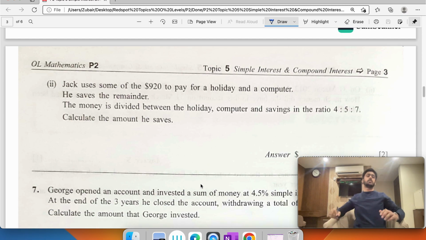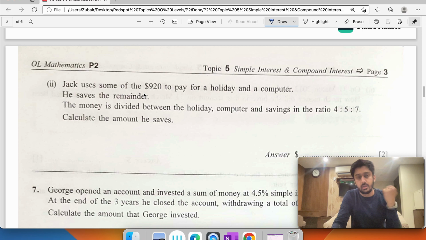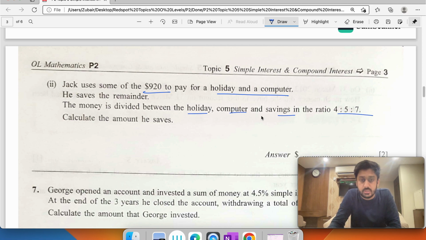Jack uses some of the $920 to pay for a holiday and a computer. He saves the remainder. The money is divided between holiday, computer, and savings in this ratio. Calculate the amount he saves. Savings is the third one. So this is actually 7 out of 4 plus 5 plus 7 of 920.